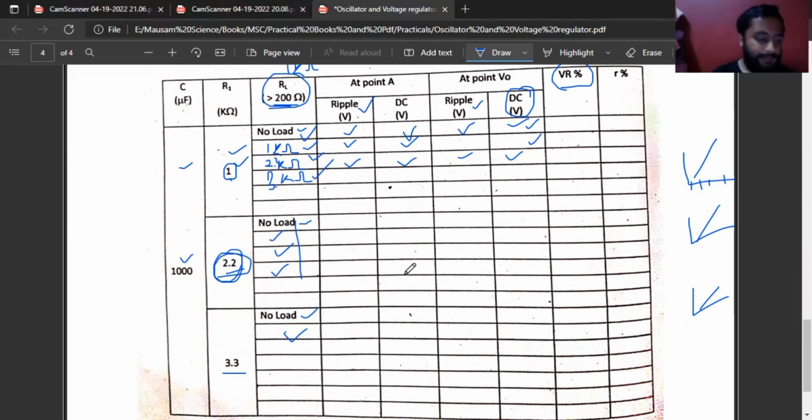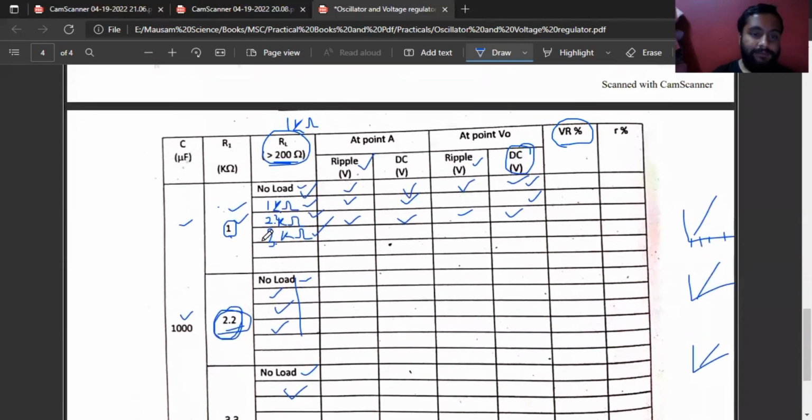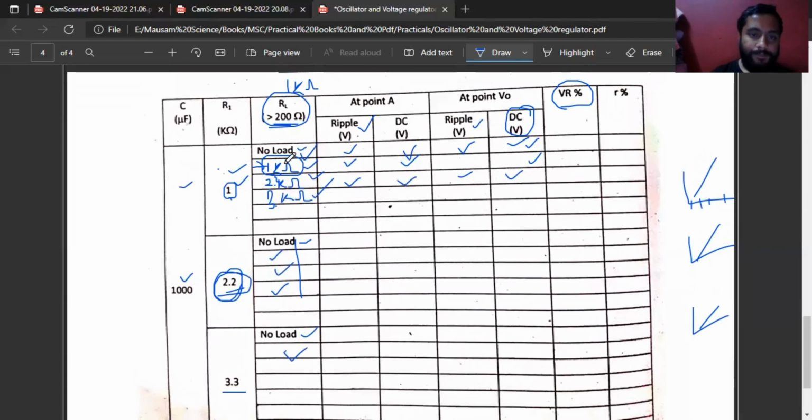Next time, we need to keep RL fixed. RL will be fixed at 1 kilo ohm. We'll not keep it fixed for all of 1, 2, and 3. Okay, I'll make my words clear.